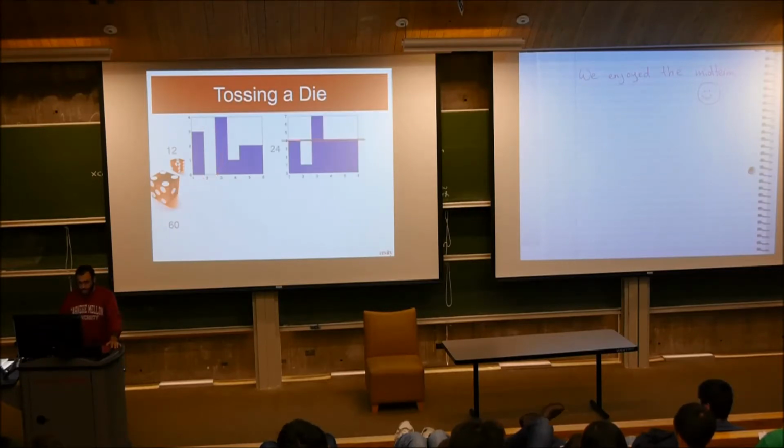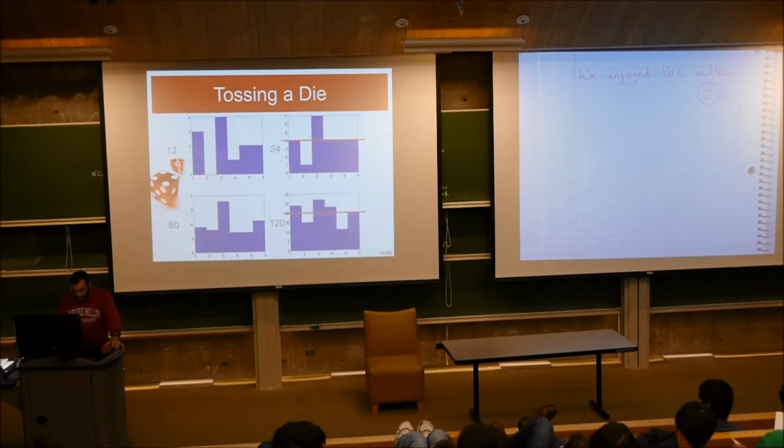But as you throw the die more times, counts begin to become more uniform and more truthful to the true distribution. So you get something like this, and after 60 throws, you get something like this. And after 120 throws, you get something like this. So the more you throw the die, the more uniform the count gets, and the more accurate your estimates become.